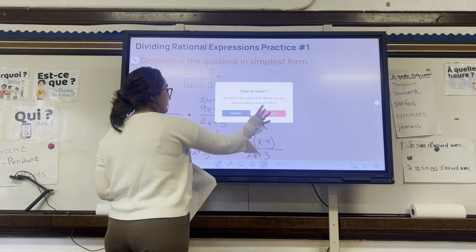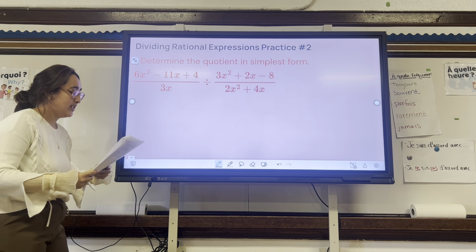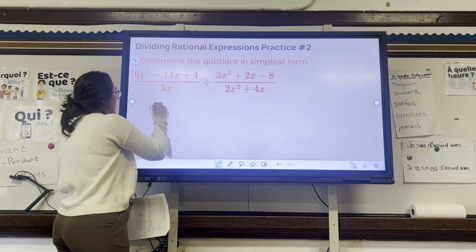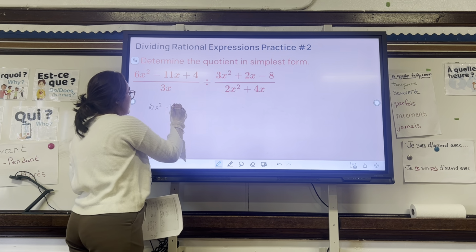Again, a little bit more complicated, but not crazy. Keep, change, flip. So this changes to multiplication, and this flips.